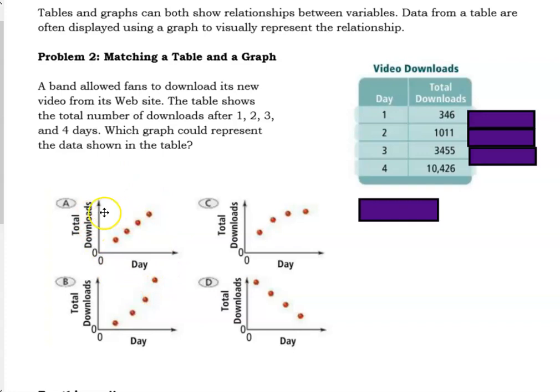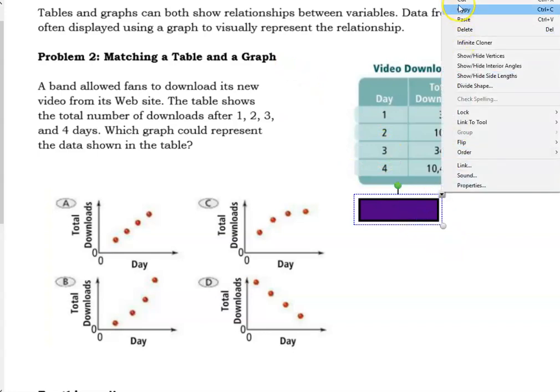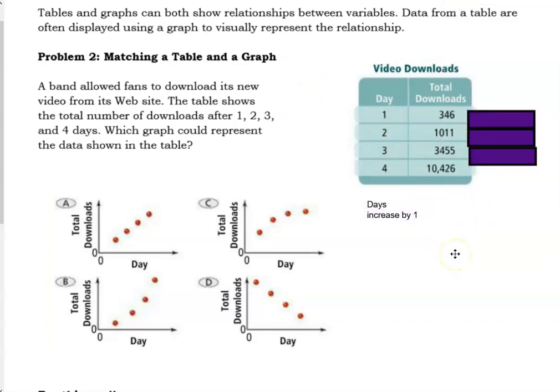So what we're going to do is compare each one of these graphs to the information in the table. If you look at our number of days, it is increasing steadily. Each day we're going up by 1. So you want to make sure, if you look at each one of these graphs, that the days are increasing. And it looks like in this graph in A, days are increasing and the total downloads are increasing.